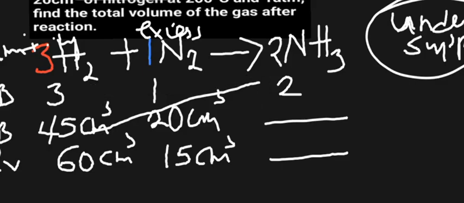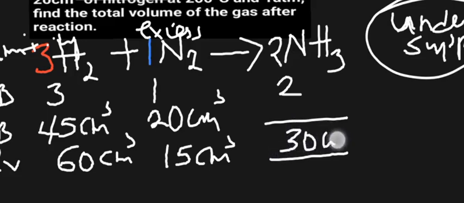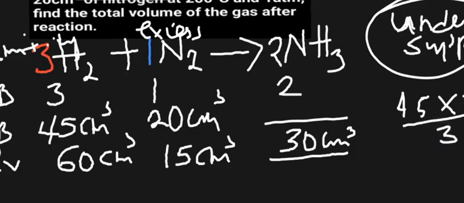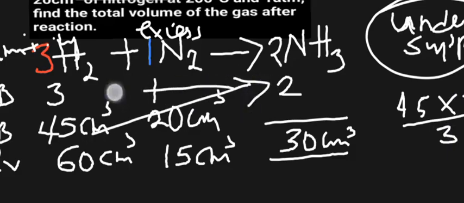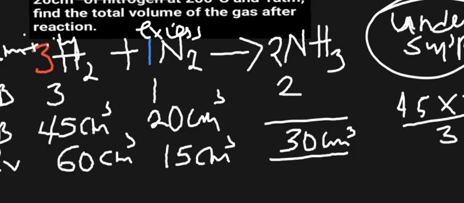Okay? And 90 divided by 3 will give you 30 cm cube. That's it. Let me write it out: 45 times 2, then divided by 3. So I use the one that is undersupplied to solve for the product if the ratio is not the same.